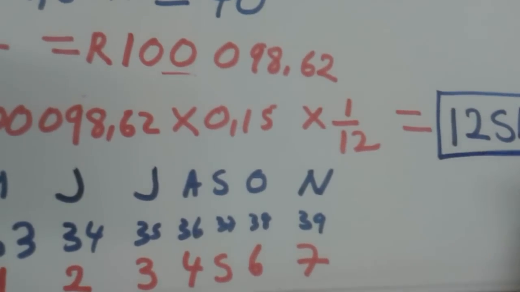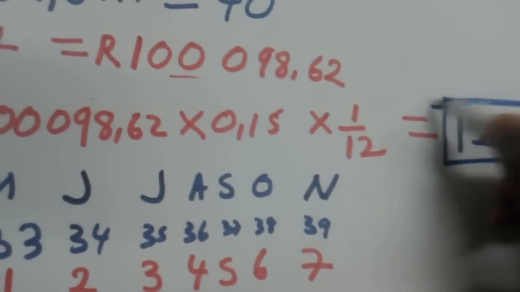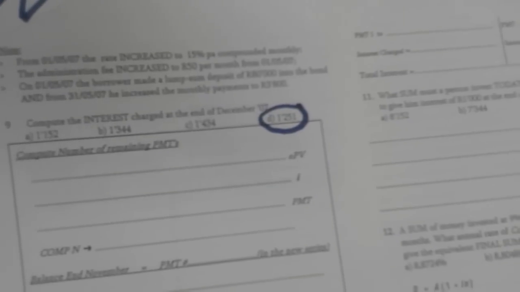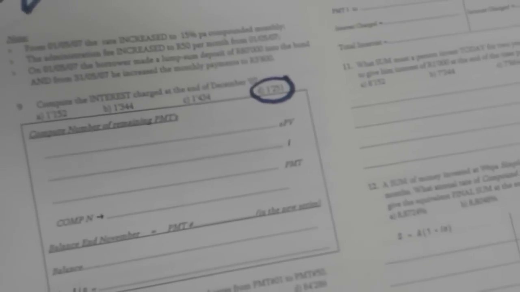There you go. And if you look at the answers provided, that is option number D. There it is, 1251, obviously to the nearest rand.